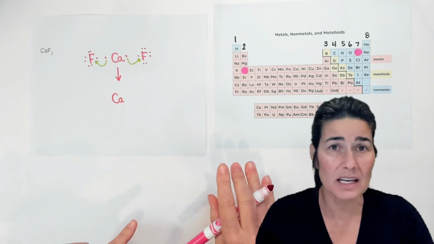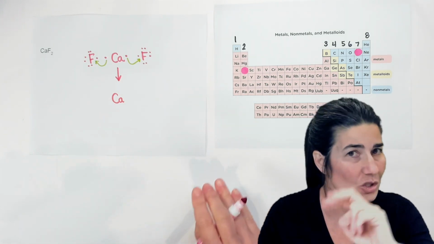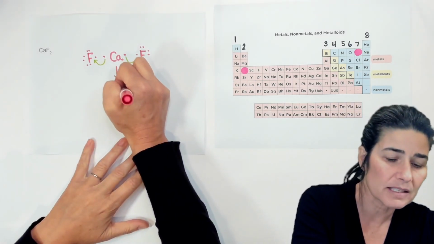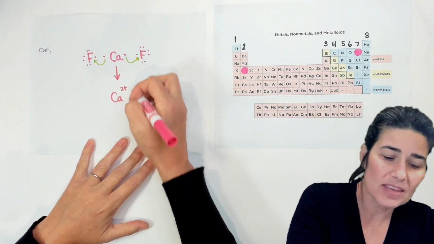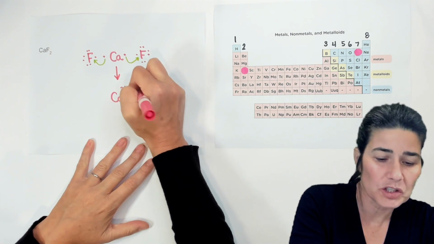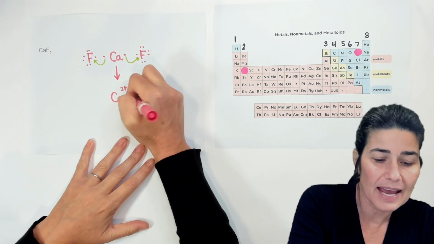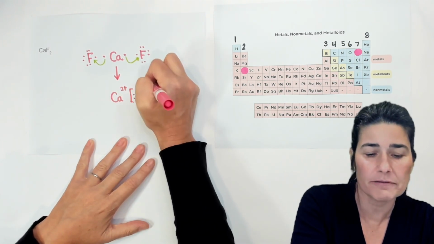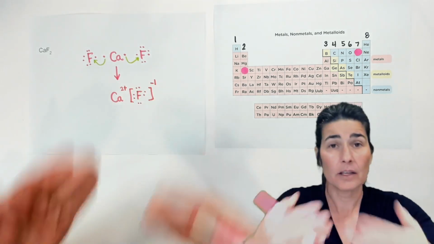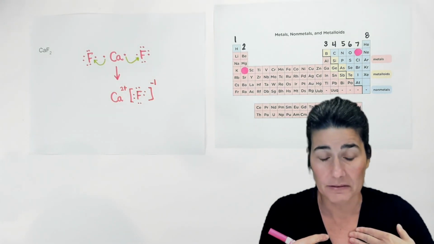You lose 1 negative, you become positive. You lose 2 negatives, you become +2. Then on this side, I've got a fluorine with 1, 2, 3, 4, 5, 6, 7, 8 electrons. They all belong to fluorine. It becomes a -1. You grab a negative, you become negative.